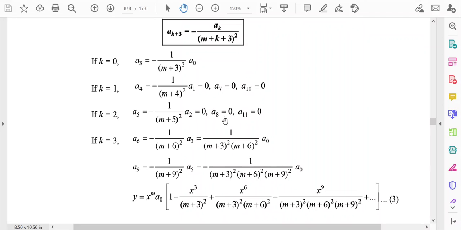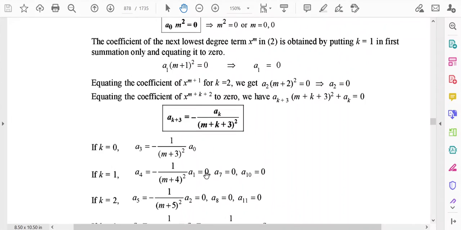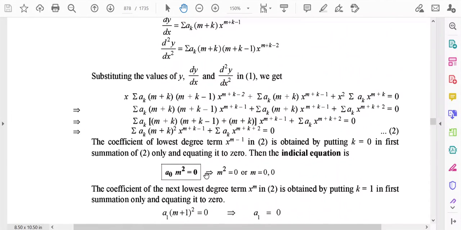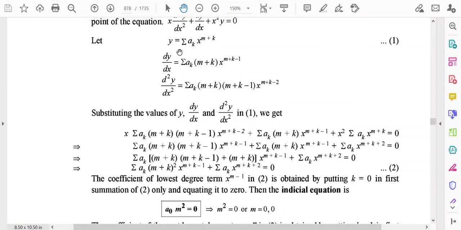After you have estimated a sufficient number of a values, we have already written the general solution of the equation in this format, that is y is equal to the sum of ak x to the power m plus k, and we have already evaluated different values of a for different k values.